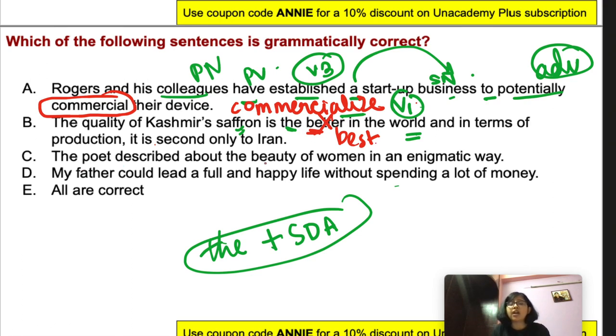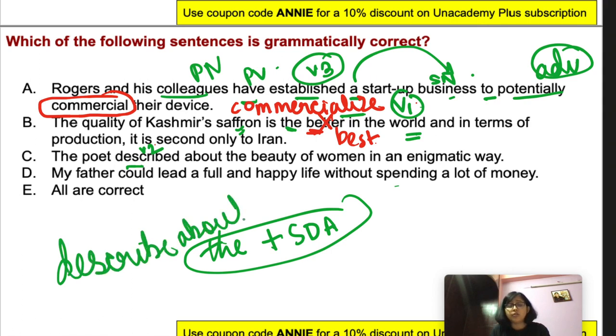Next, the poet described about the beauty of women in an enigmatic way. Now the poet described, V2. Now after describe, you don't have to use about. About is not required. So here remove about. The poet described the beauty of women, the plus noun.